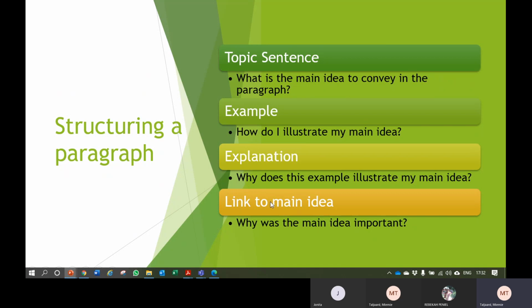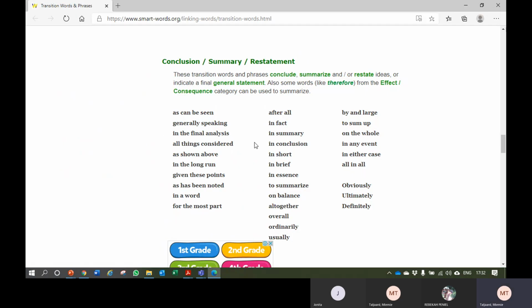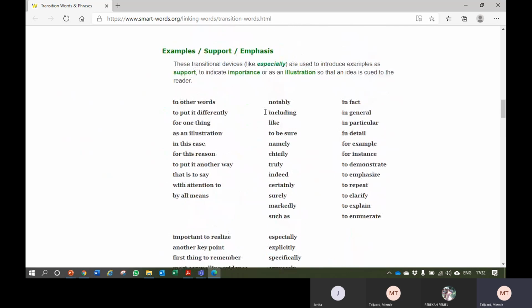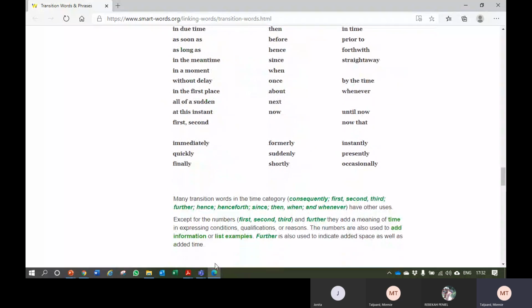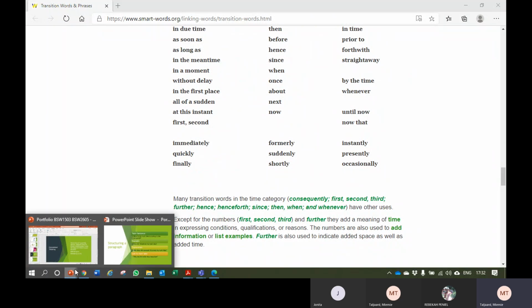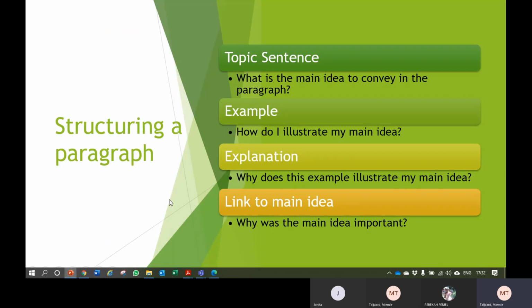And do you again see how important it is to move to the transition phrases? Because the transition phrases help you to link these sentences. Any questions about structuring a paragraph?